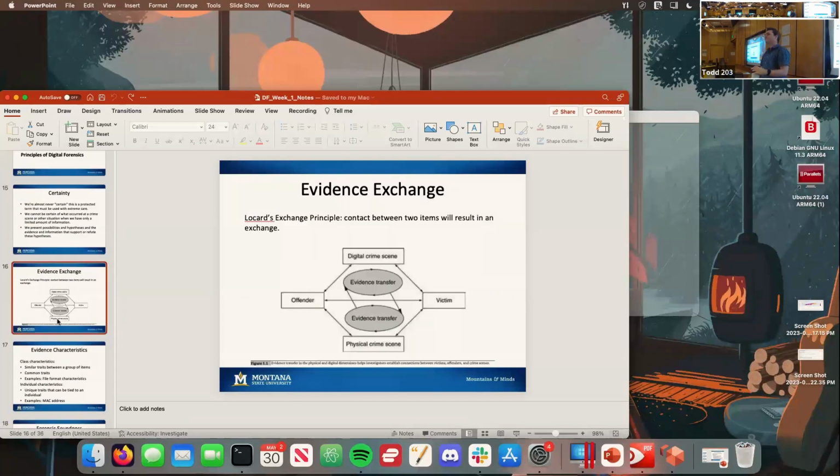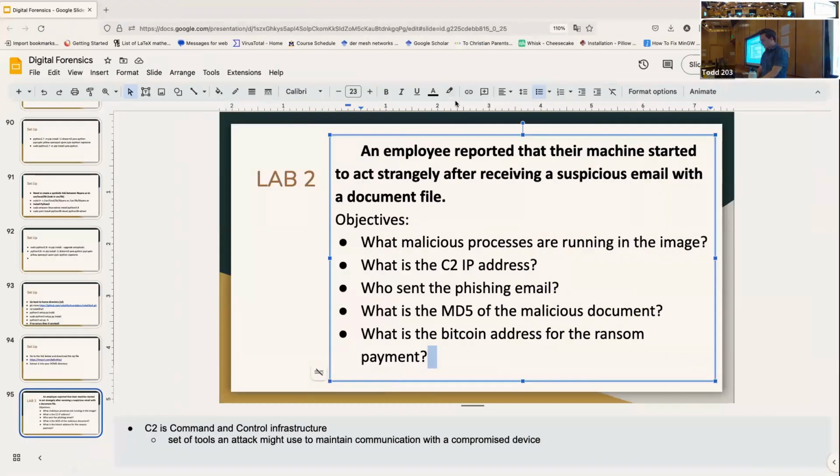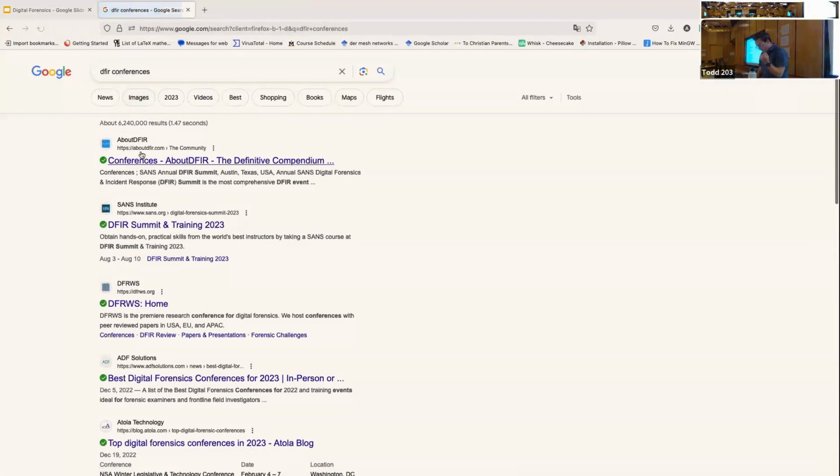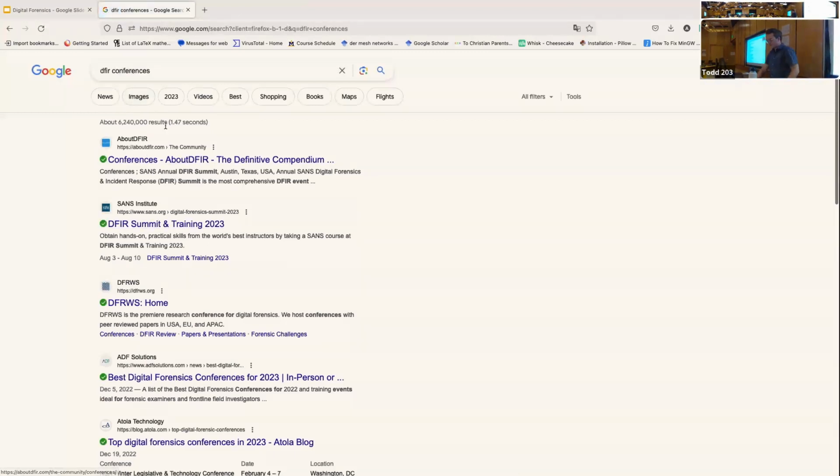There are some conferences and whatnot, DFIR conferences. Yeah, DFIR Summit and training. I would take a look at those. If you want to play around with digital forensics, Magnet, I think, is one of them. And if anybody wants the instructions for installing volatility on an Ubuntu system, I can absolutely send those out. You can try to get that working for yourself.